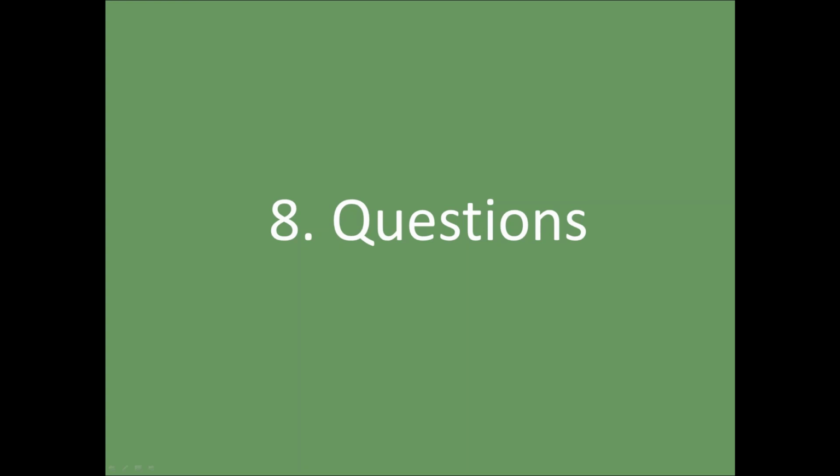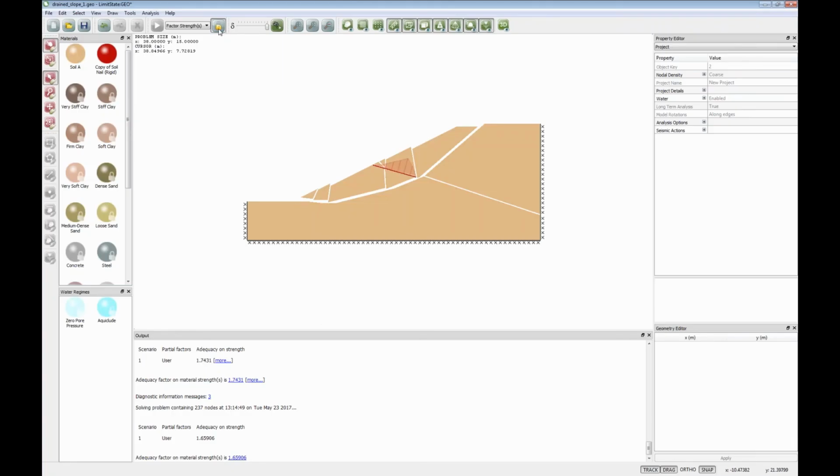Is the deformed shape derived by the software accurate enough to use to determine where to install monitoring equipment? So that's a good and interesting question. I think the deformation pattern is going to show you the general areas where you're going to get failure and shearing.